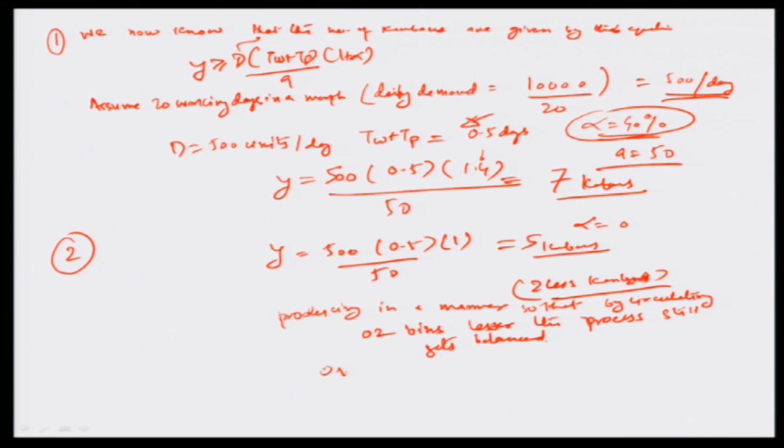So, the overall stocking is reduced by about 100 components. So, that is how you can really estimate what happens in case of a change of policy.